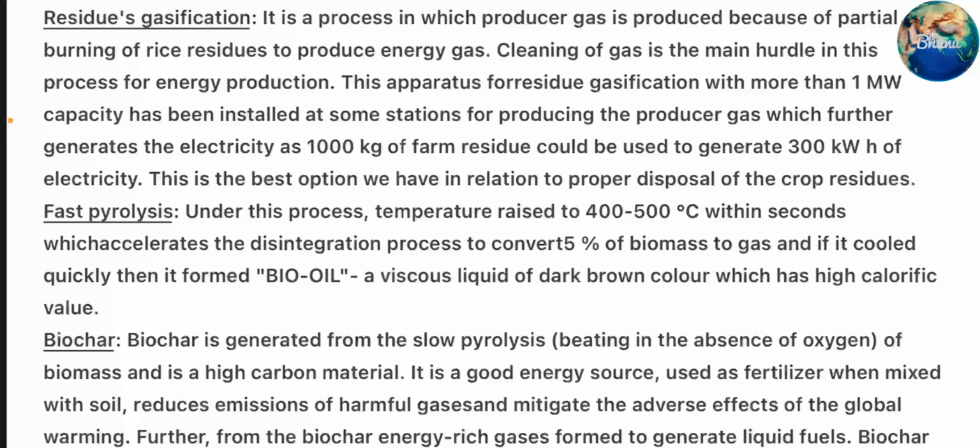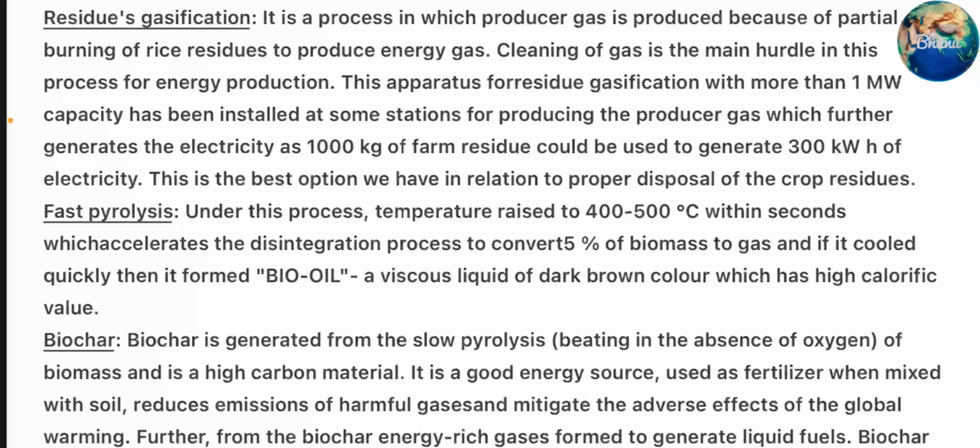Apparatus for residue gasification with more than 1 megawatt capacity has been installed at some stations for producing the producer gas, which further generates electricity, as 1000 kg of farm residue could be used to generate 300 kilowatt hours of electricity. This is the best option we have in relation to proper disposal of crop residues.